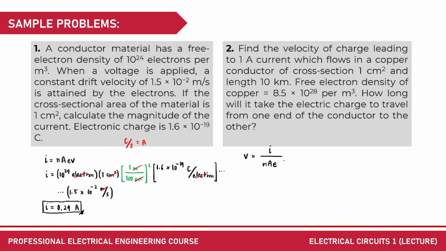So if we have a 1 ampere current, 1 ampere, all over the number of electrons, we have the free electron density of 8.5 times 10 raised to 28. This is the number of electrons per cubic meter.